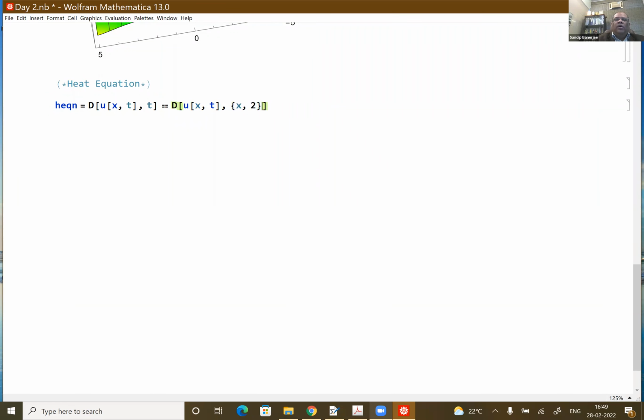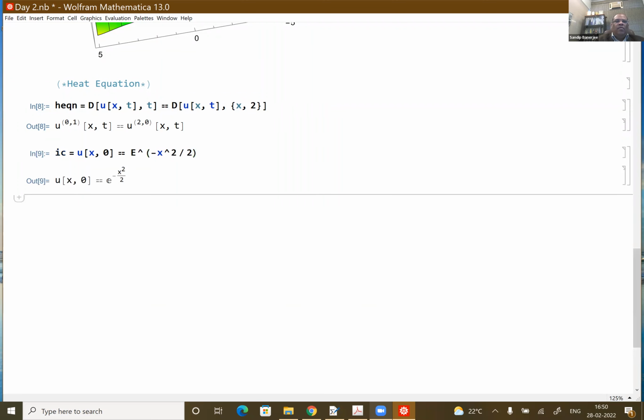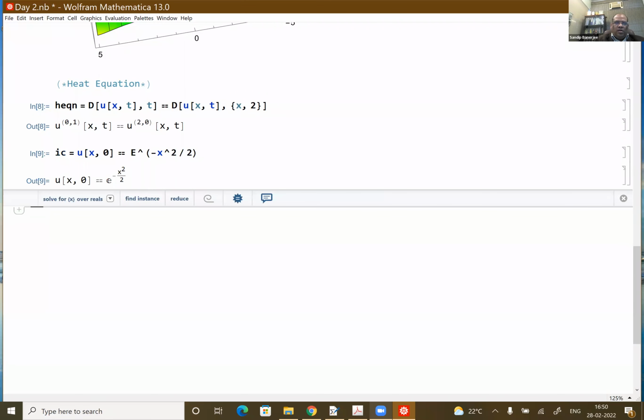And I take an initial condition, say exponential of three. So we use another command.